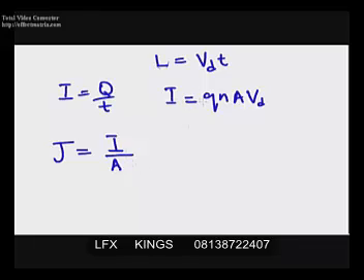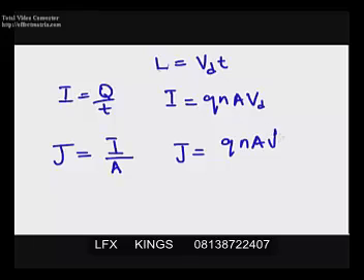And if current is equal to QnAVd, then the current density should be equal to QnAVd divided by A, area.